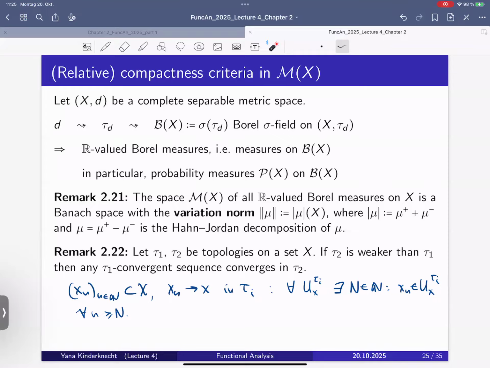Now, the more open sets we have, the more complicated it is for a sequence to satisfy this condition, because this is a condition for any open set. Agree? Yes. So the idea is the stronger the topology, the more complicated it is for a sequence to converge.